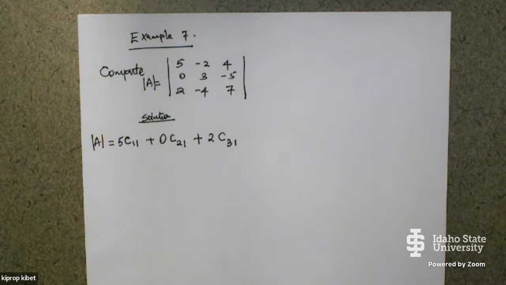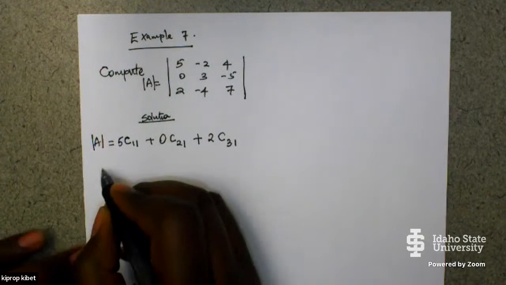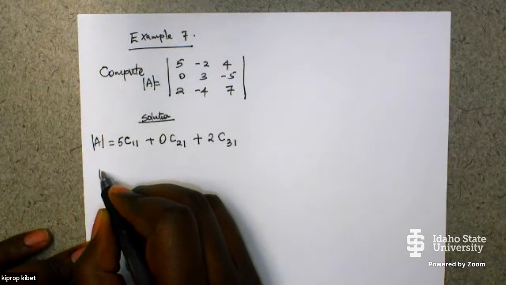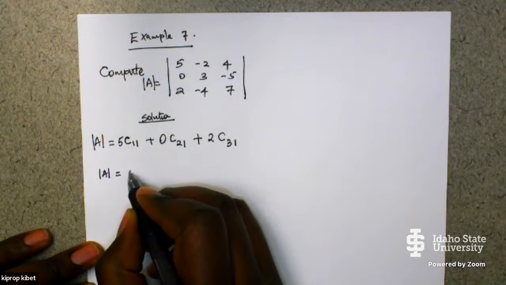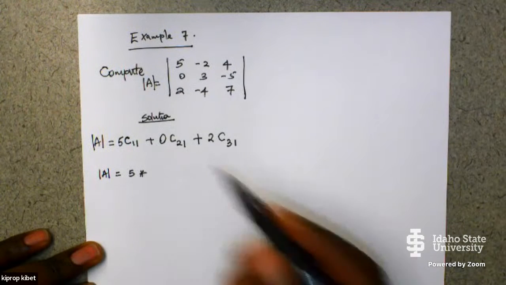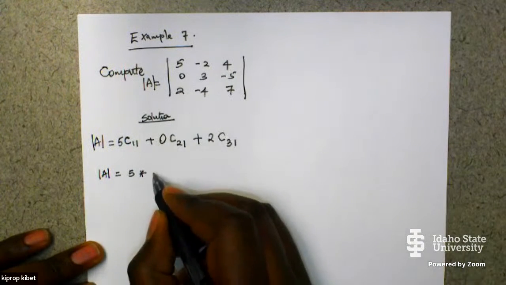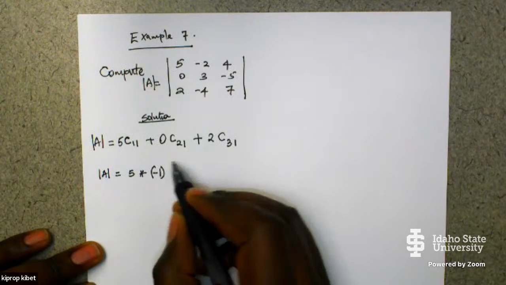And we remember how we were getting the cofactors. Now the determinant of A is equal to 5 multiplied by -1 to the power i plus j.